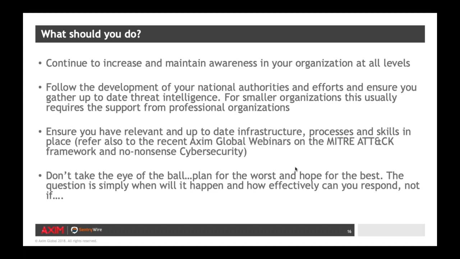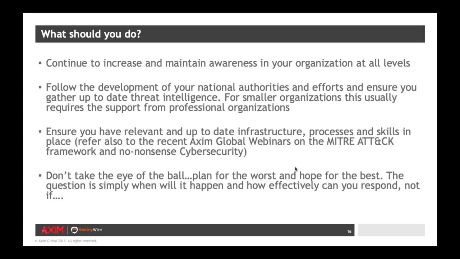It is important for you to understand that this threat is real. There are organizations out there that we've been working with that have been affected by cyber threats quite substantially. So it is important to understand that the threat is real, to plan for an incident, make sure you've got measures in place, and just hope that you never need them.